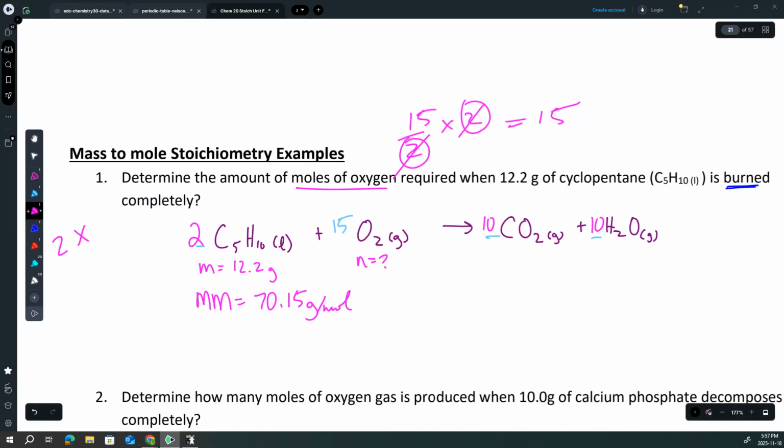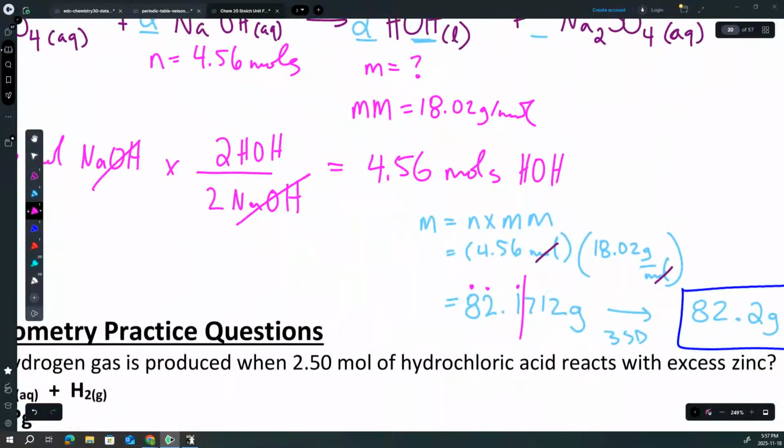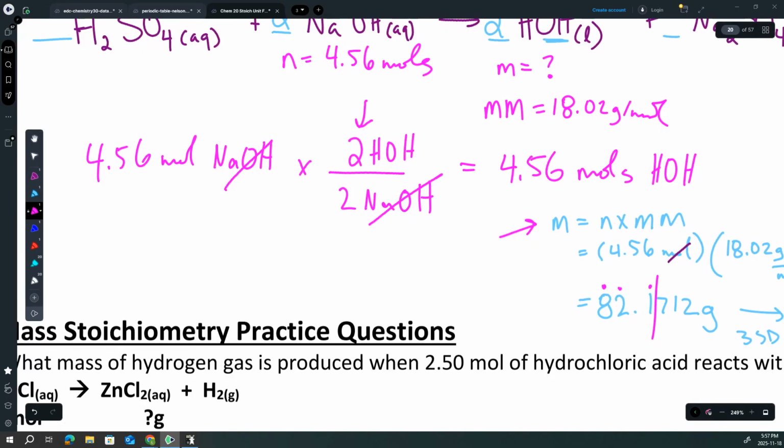All right, so essentially with these questions, we are just doing what we did before, just backwards. So we're starting with this formula to get our moles of our given substance, or the substance we have the most information given for. Okay, then we are going to do our molar ratio, and we will get our answer.